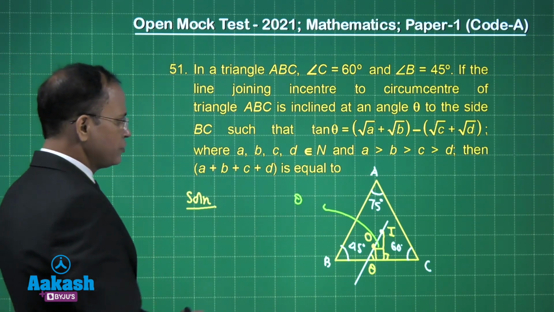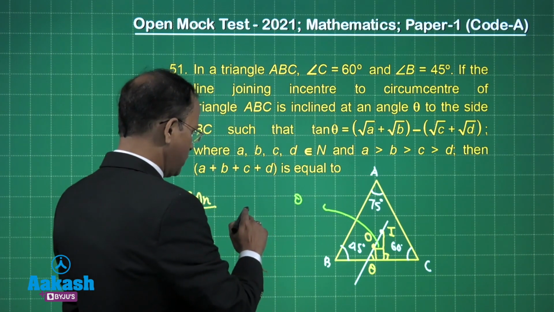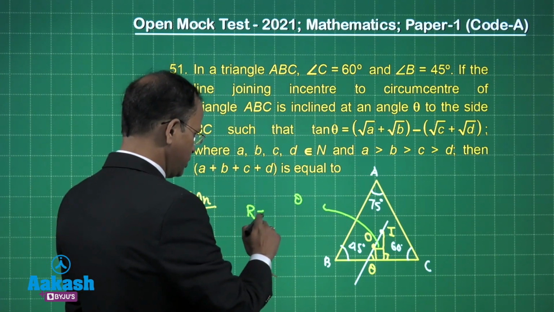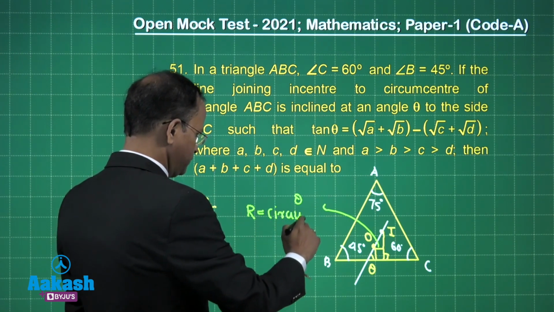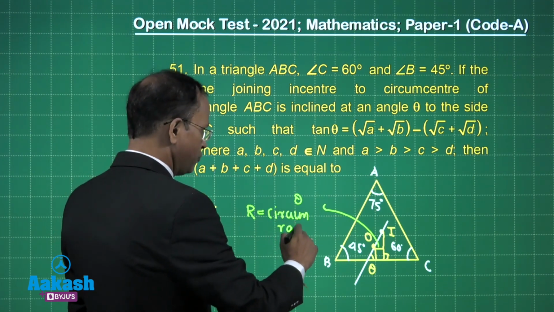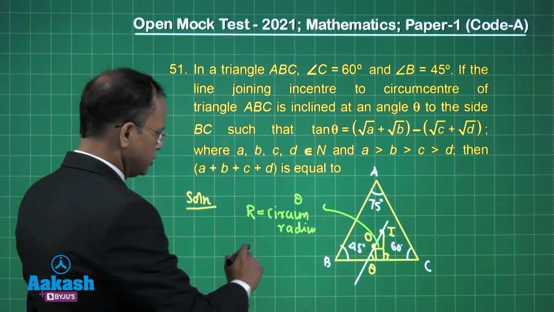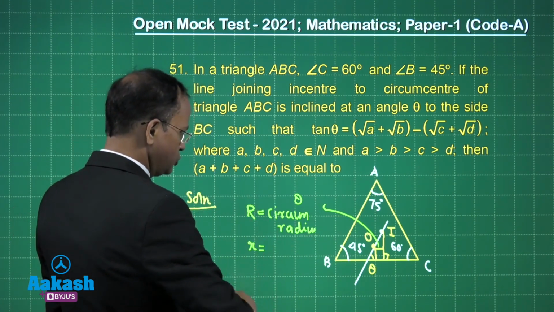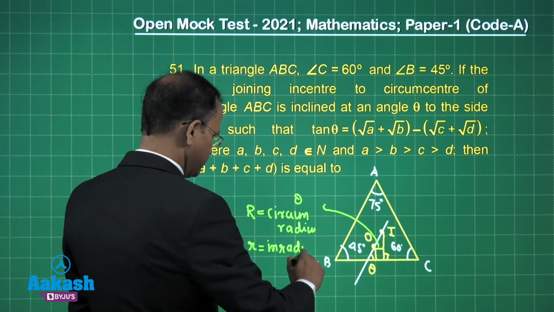So, there is a relation we have, and if we talk about the r part, there is a very interesting thing.